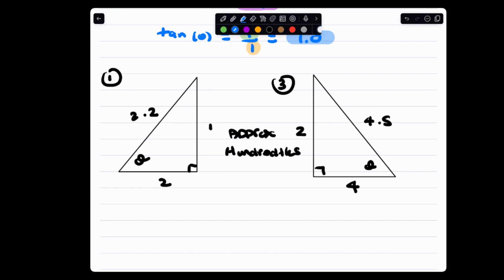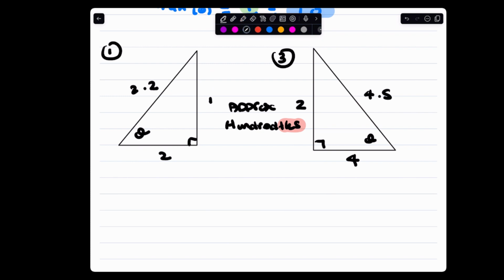So you're going to approximate to the hundredths, 2 decimal places. And you're going to give me the 3 trig ratios.